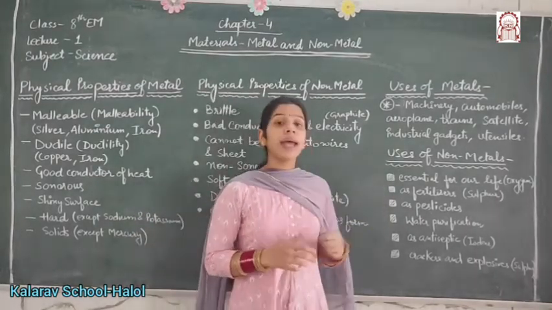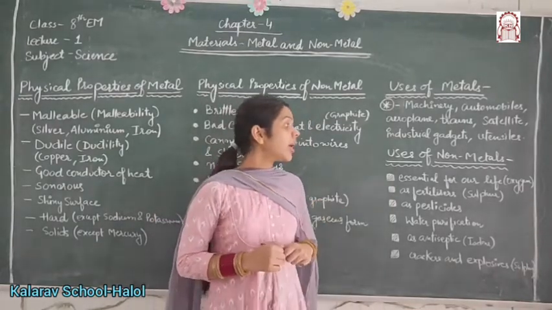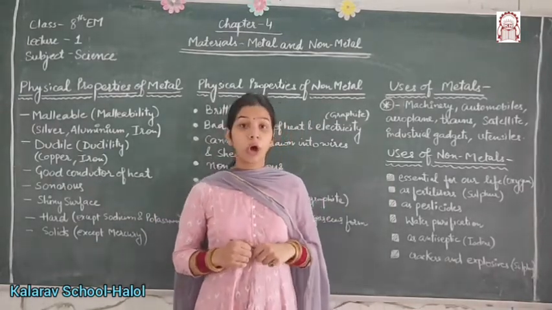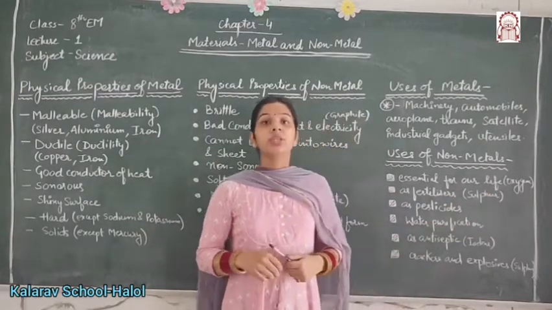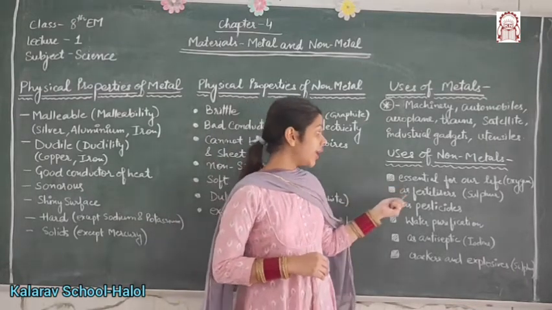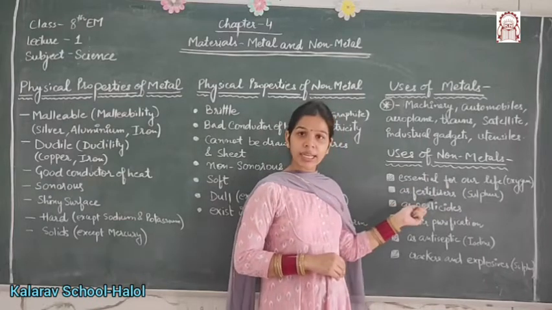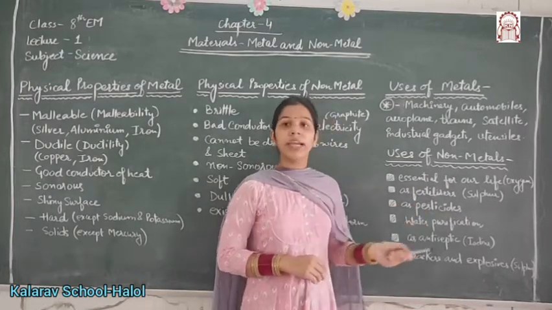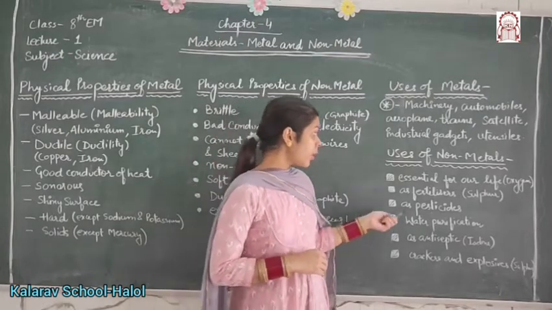Similarly, non-metals have also vast variety of uses. Number one, they are essential for our life because as we know oxygen is very important for breathing. So that's why they are very important for our life. Next, sulfur is a non-metal which is used as a fertilizer as well as pesticide for the growth and development of the crop and plant.